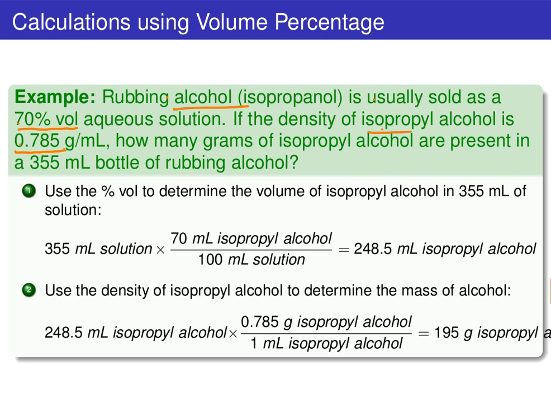So the first step here is to use this volume percent to determine the volume of isopropyl alcohol in this 355 milliliters of solution.